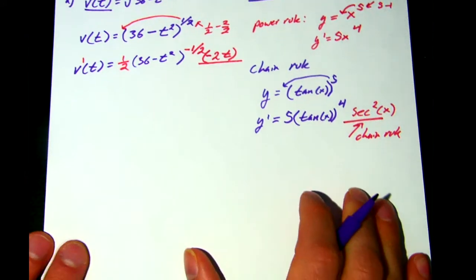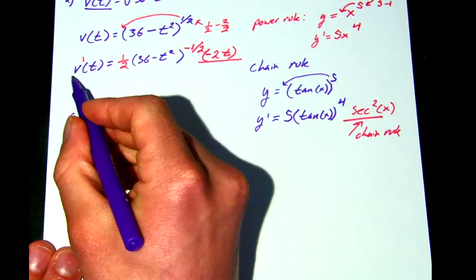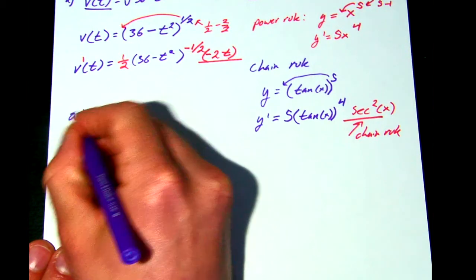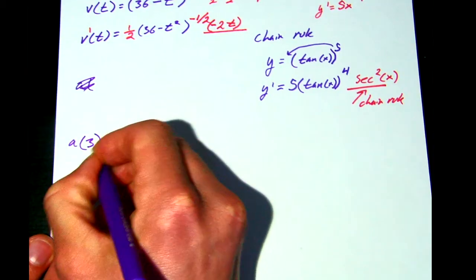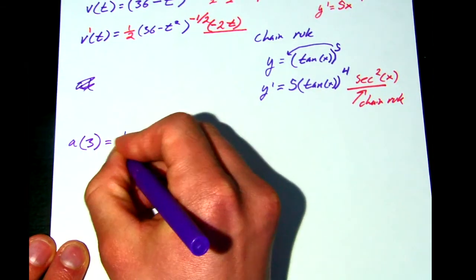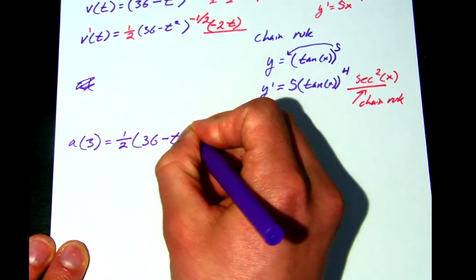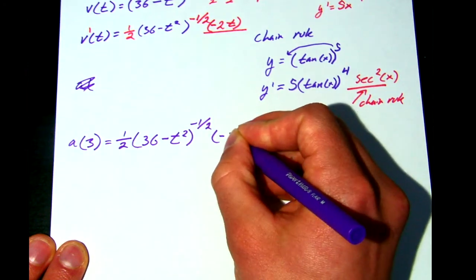Now, this problem, v prime of t, of course, is the same as acceleration. So now I need to do a of 3. I'm going to write it all the way down here, so I have plenty of room. A of 3 is going to be 1/2 (36 minus t squared) to the negative 1/2 power times negative 2t.